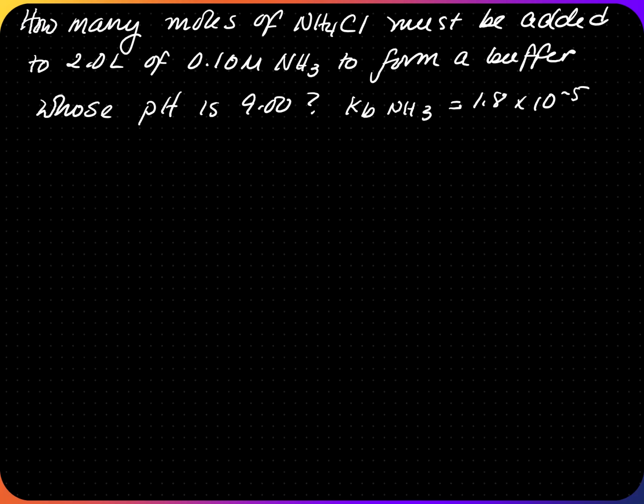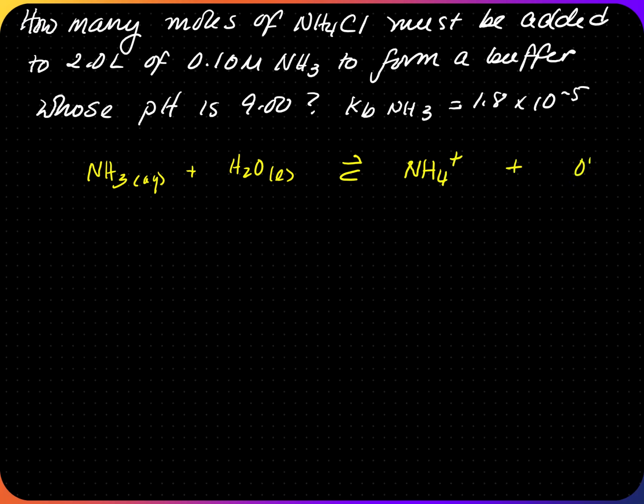In general, to write a base equation, it is easier if you react the base with water. When you react the base with the water, water becomes a Bronsted-Lowry acid and the base becomes a Bronsted-Lowry base. A Bronsted-Lowry acid must give H's away, so ammonia now becomes NH4 plus.